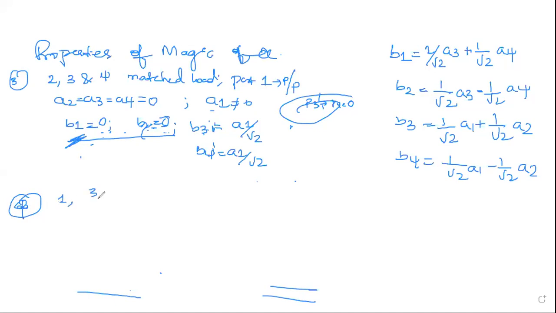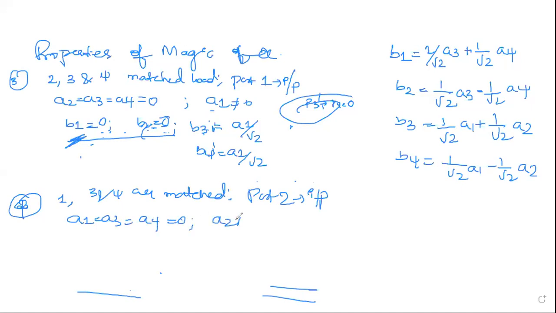Consider 1, 3, and 4 are matched loads and you are giving the input to port 2. So you'll have A1 is equal to A3 is equal to A4 is equal to 0. A2 will not be equal to 0. Substitute it. So you have B1 is equal to 0, and B2 is also equal to 0. B3 will be A2 by root 2.